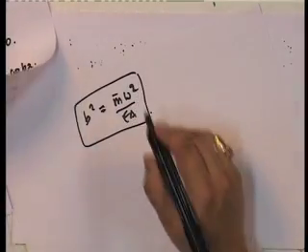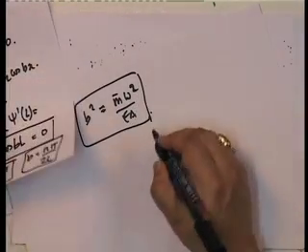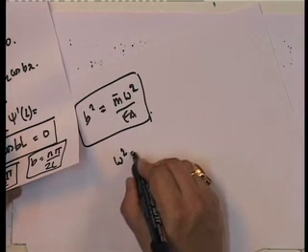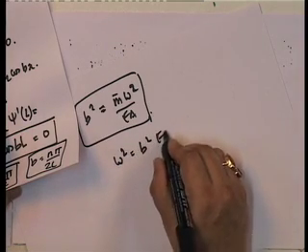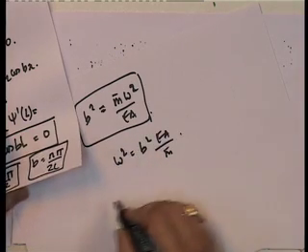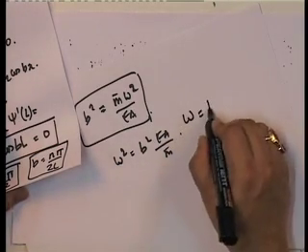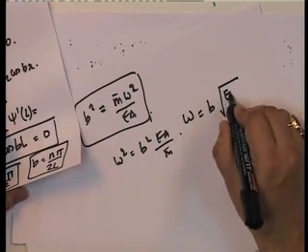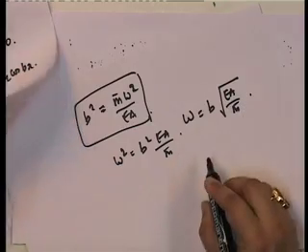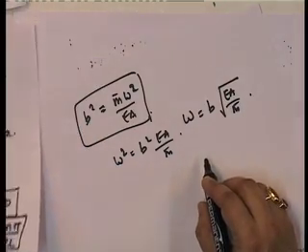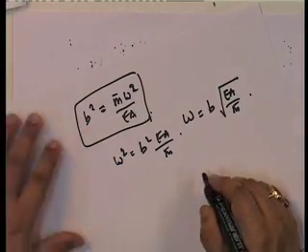And if we look at it, this implies that omega squared is equal to B squared EA upon m. That means omega is equal to B square root of EA by m. Okay. And B, I have seen, is equal to n pi by 2L.